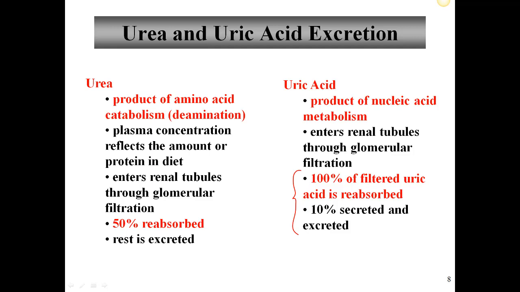In other words, all of the uric acid that goes into the filtrate eventually gets reabsorbed someplace in the nephron. And then about 10% is secreted and excreted. So basically we're reabsorbing about 90% of all the uric acid that makes it into the filtrate. And the numbers here basically just tell you how that 90% is broken down. So 100% of it is reabsorbed, and then 10% is secreted and excreted.